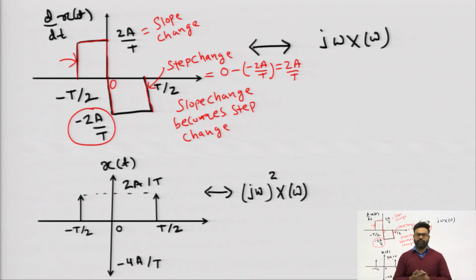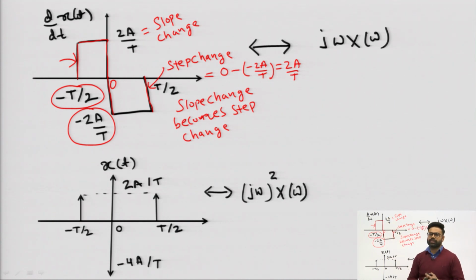Then we will convert slope changes into step changes. पहला स्टेप स्लोप चेंज मेरा माइनस टी बाई 2 पर हुआ था, तो जितना स्लोप चेंज वहाँ हुआ था सिग्नल में उतना ही स्टेप चेंज हमने कर दिया यहाँ पर 2a by 2. नेक्स्ट स्लोप चेंज हुआ था 0 पर, तो हमने जितना स्लोप चेंज हुआ था उतना स्टेप चेंज कर दिया 0 पर. देन नेक्स्ट स्लोप चेंज हुआ था मेरा t by 2 पर, तो जितना स्लोप चेंज हुआ था उतना चेंज कर दिया t by 2 पर.